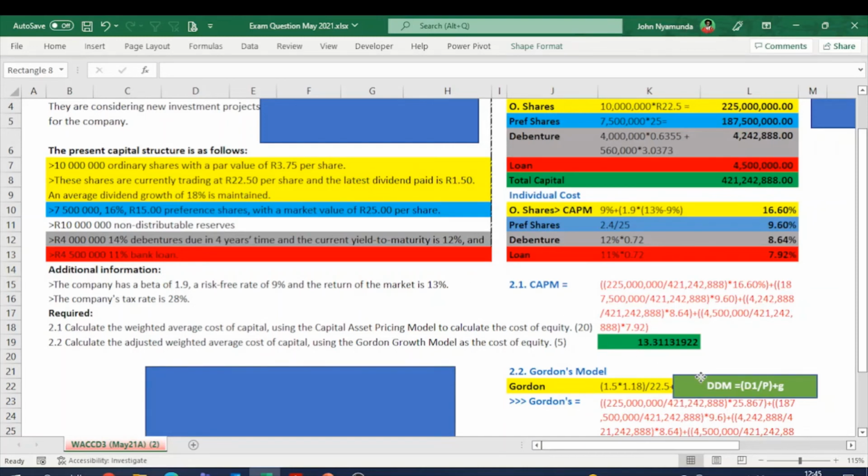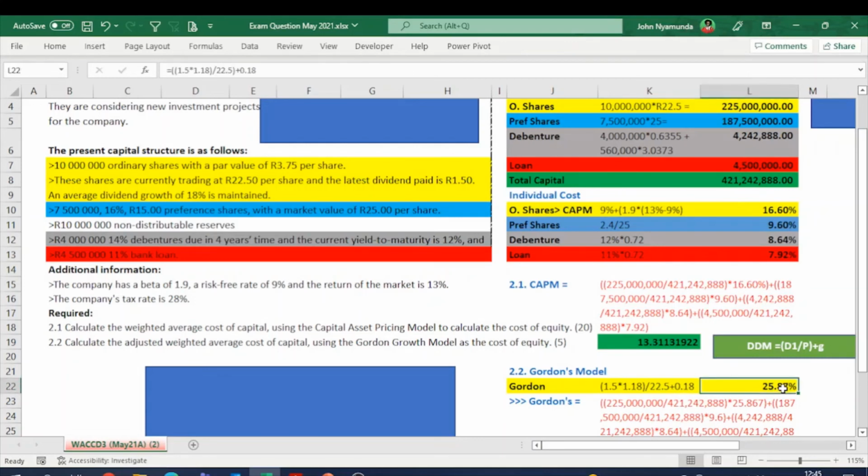So let's move this and put it somewhere here. So we say 1.5 times 1.18 to get to D1, divided by 22.15, which is the market price here, plus 0.18, which is the growth, gives you 25.87. The rest is still the same.